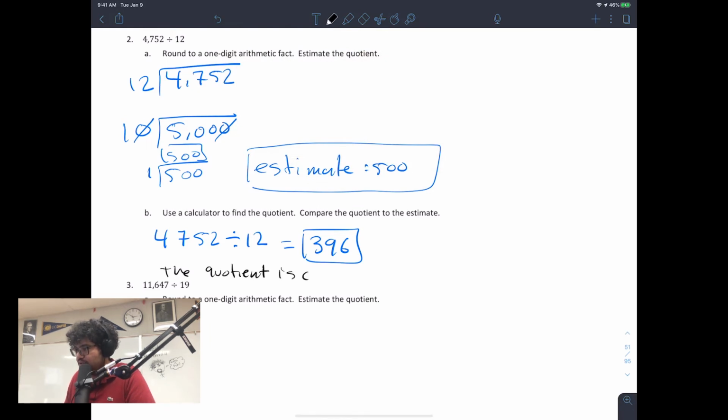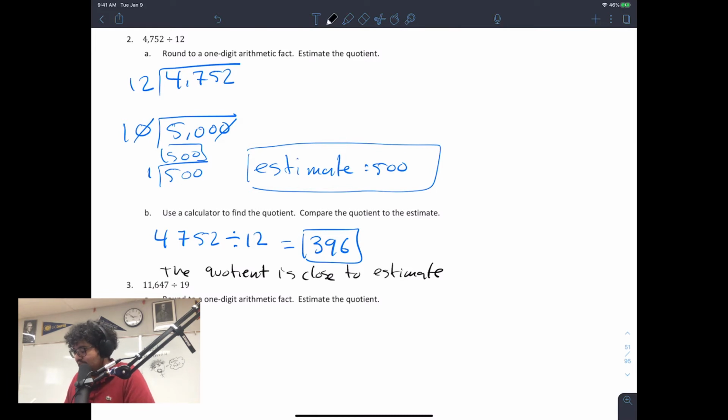So when we compare them both, we can say that the quotient is close to the estimate, but then it's close but not that close, right? Because from 396 to 500, that's about 104 difference. So it's kind of close, but not that close.